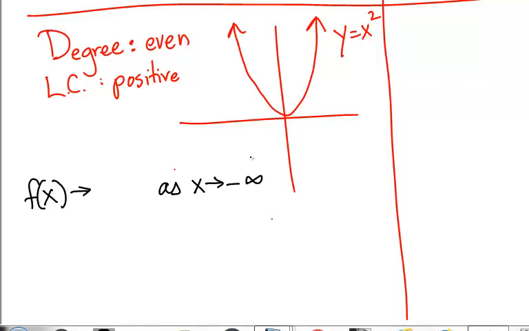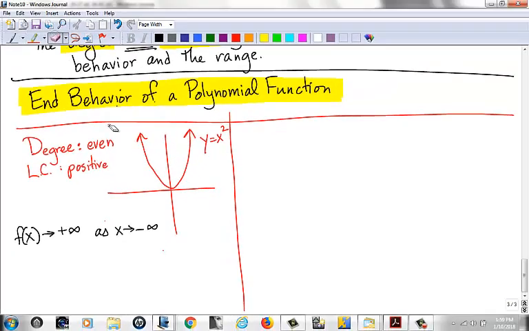Look up here a minute. As x goes to negative infinity, as you go way out to the left, what's this y value going to? Shooting up to positive infinity. So this becomes positive infinity. As this x goes really small, this y goes up to positive infinity. So they would be looking at this as the answer.